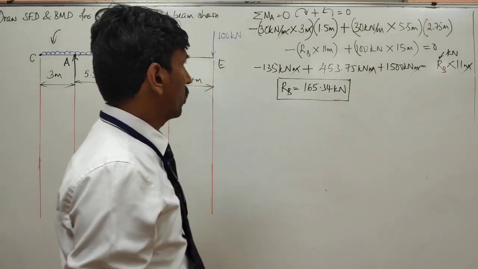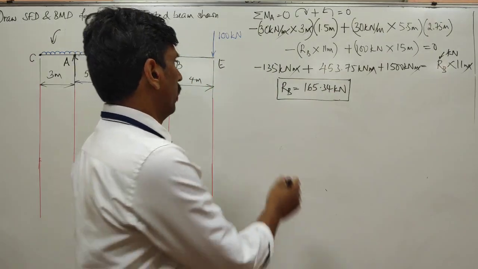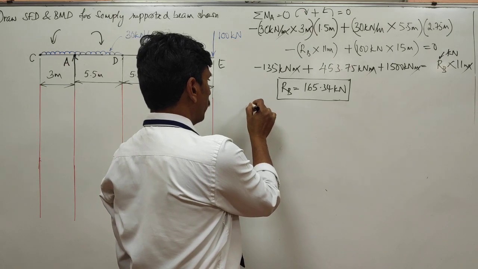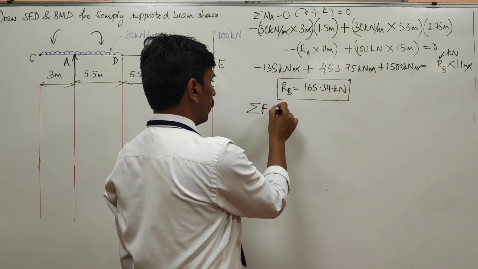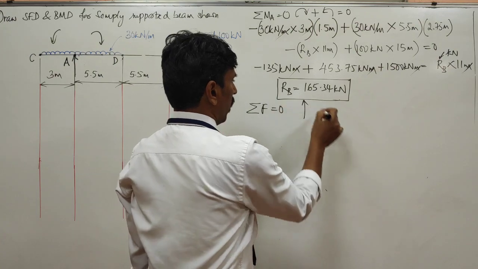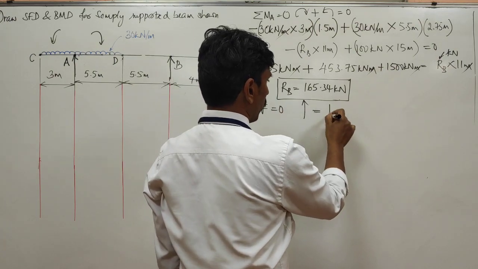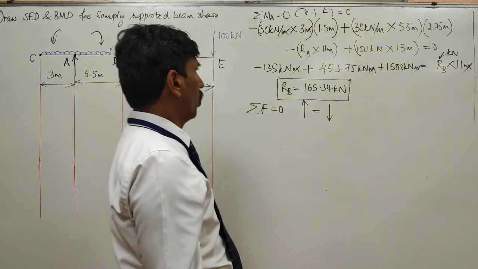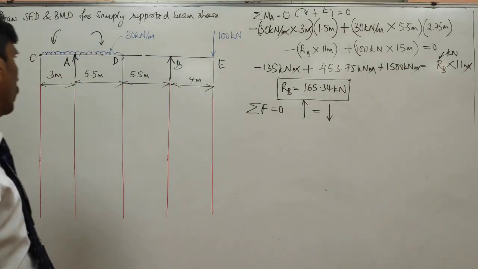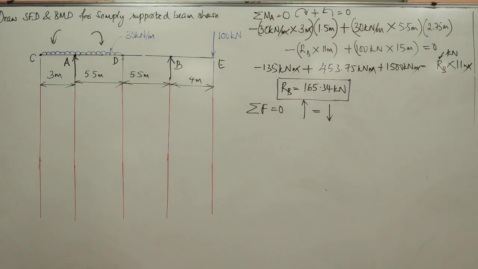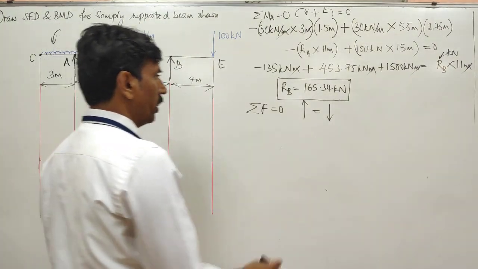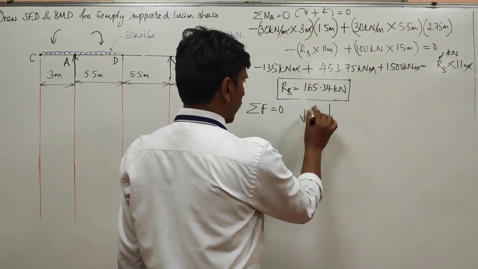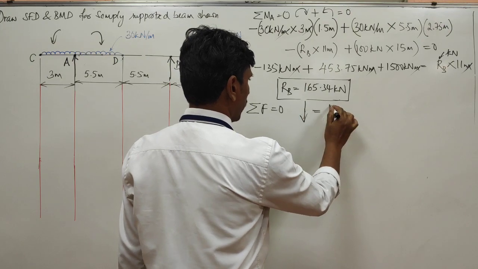Once you have got this, then you can find the reaction force on the other side. You can say the sum of the forces is equal to 0. That means the forces acting upwards are equal to the forces acting downwards. With this idea, let us see what are the forces acting downwards. Let me write the forces acting downwards first and the forces acting upwards later.